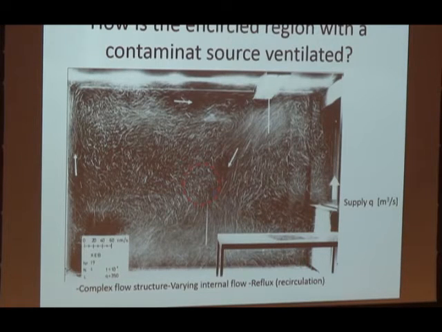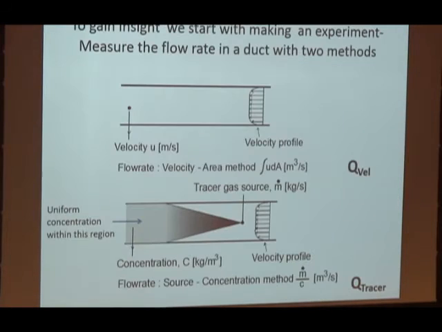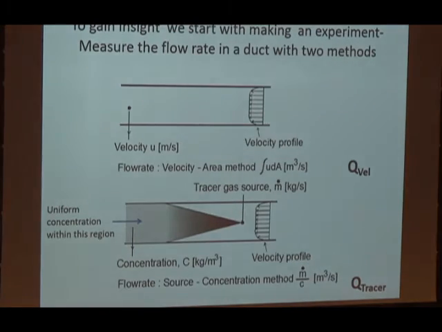Okay, we are in the laboratory, so we start to make, of course, a laboratory study. I will measure the flow rate in a duct in 2 ways. Either measuring the velocity profile with a velocity transducer, and this, as velocity times area, provides us with a flow rate. I call it denoted with velocity.